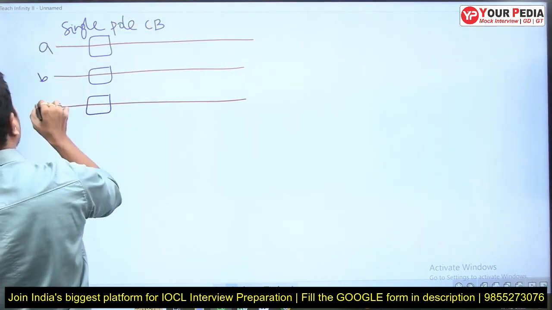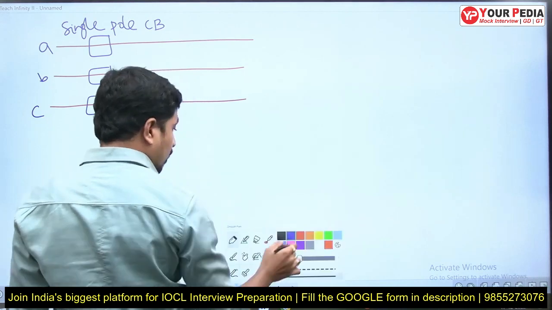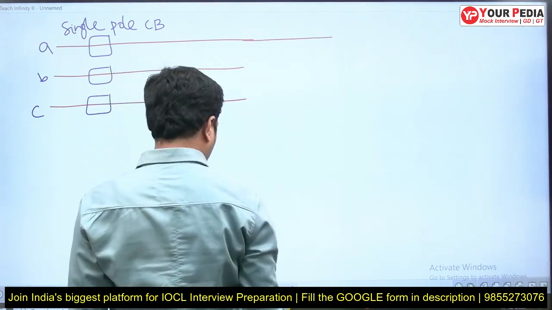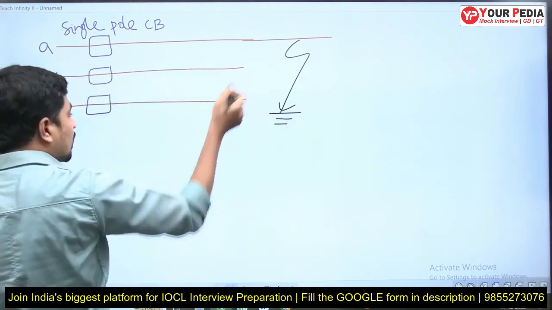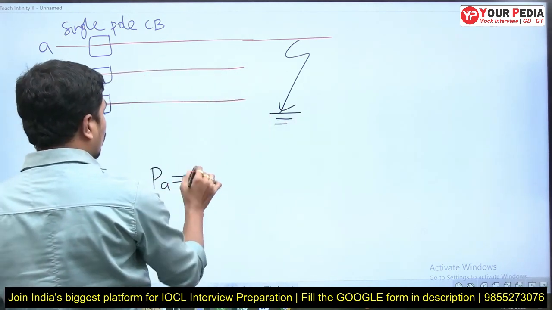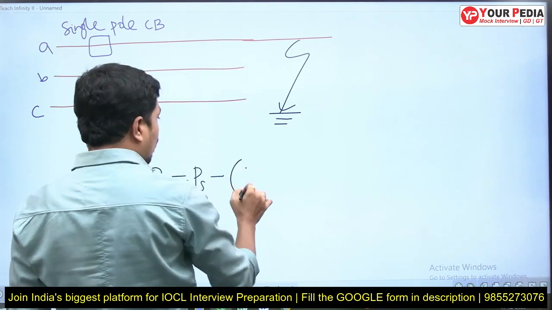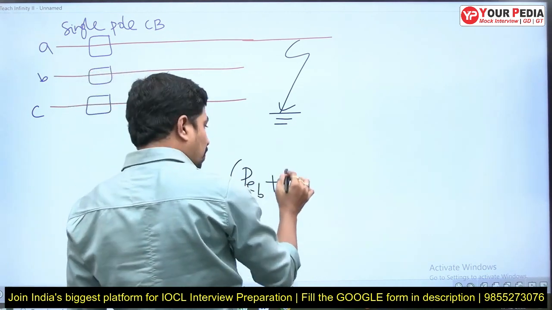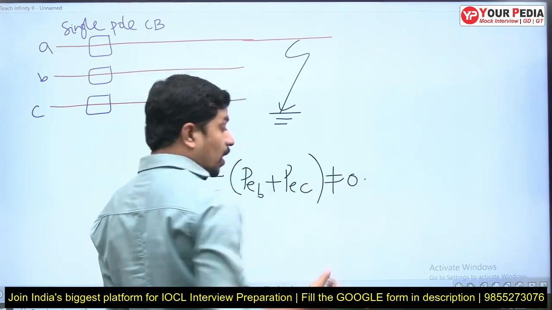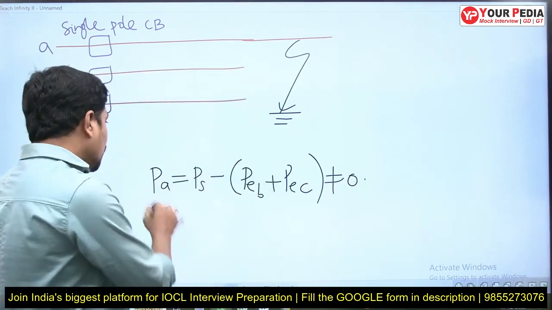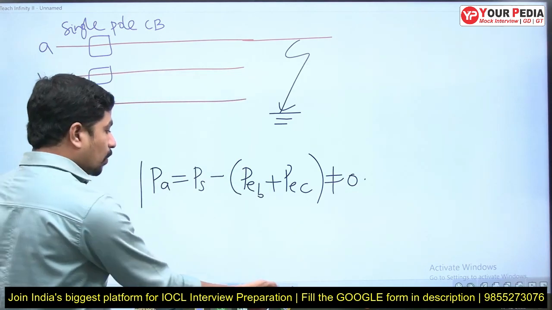Here, whenever a fault occurs on phase A, only phase A will be disconnected. PA is equal to PS minus PE of phase B plus PE of phase C. This is not equal to 0, so this is less when compared to the previous one.